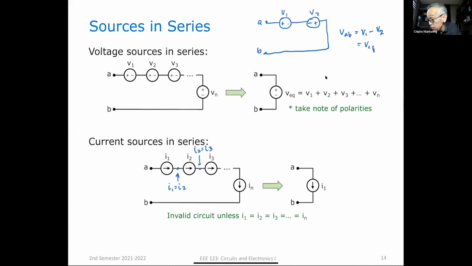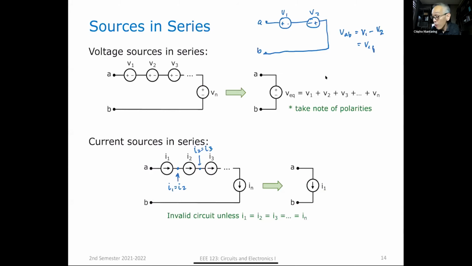In other words, for this circuit to be valid, I1 must be equal to I2, must be equal to I3, must be equal to In. And I can represent all of these current sources as a single source that is just equal to I1, which is equal to I2, which is equal to I3, and so forth.